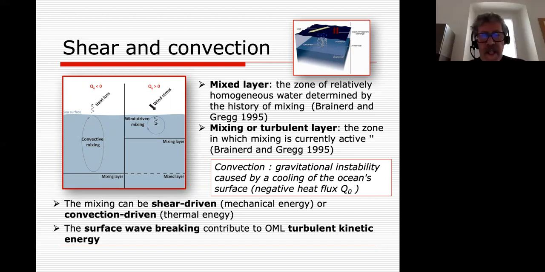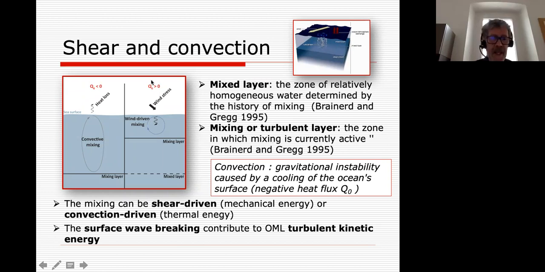One is the mixed layer, which they call the zone of relatively homogeneous water determined by the history of mixing. While the mixing or turbulent layer is the zone in which mixing is currently active.